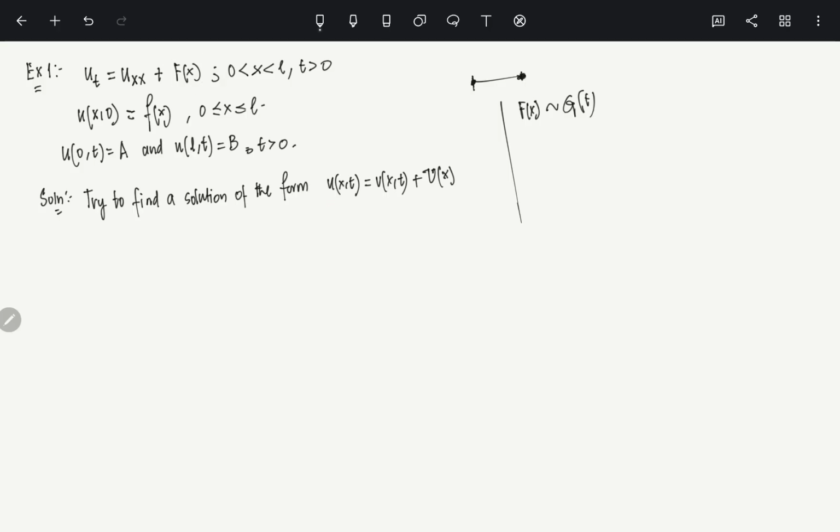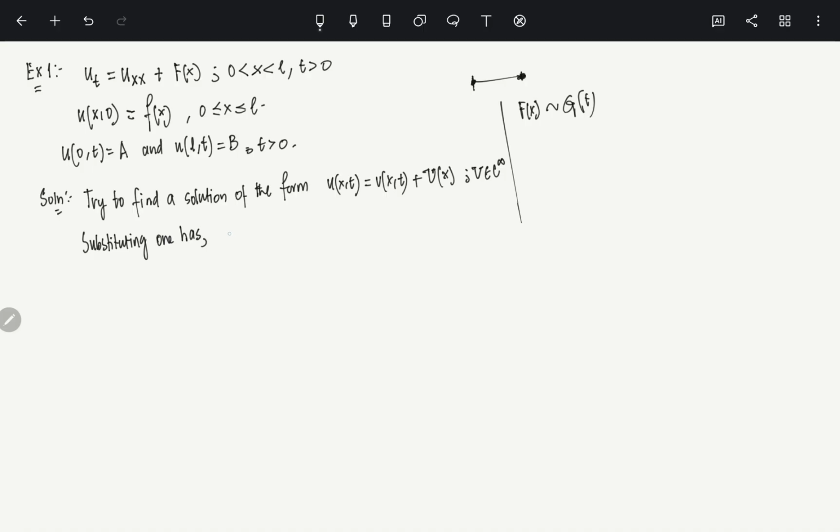So u of x,t equals v of x,t plus capital U of x. Okay. Now if you substitute this expression for u, and of course I am assuming that u is sufficiently smooth, u is in C infinity, let's just say. Okay, so if you substitute it, what happens?